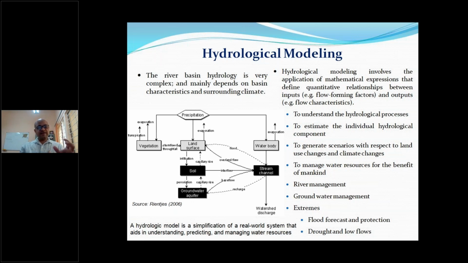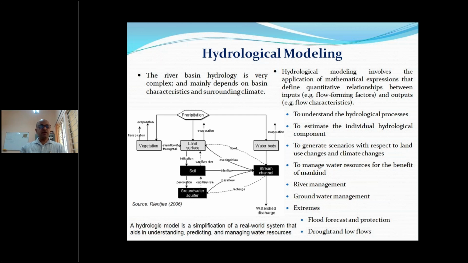Inputs mean the characteristics that govern the hydrological parameter, in this case runoff, and the output is the hydrological parameter itself, which is runoff. So that mathematical relation is called hydrological modeling.